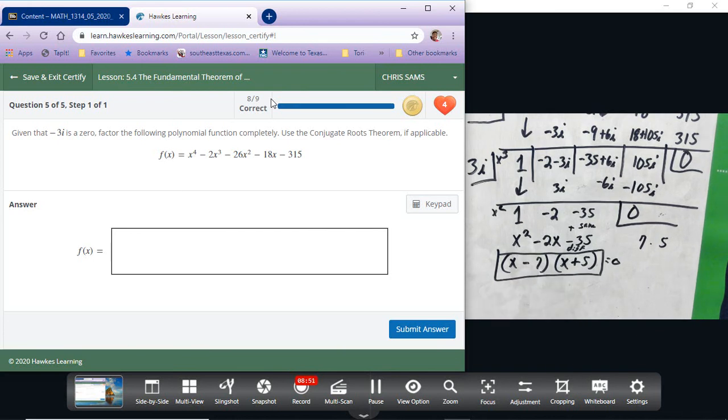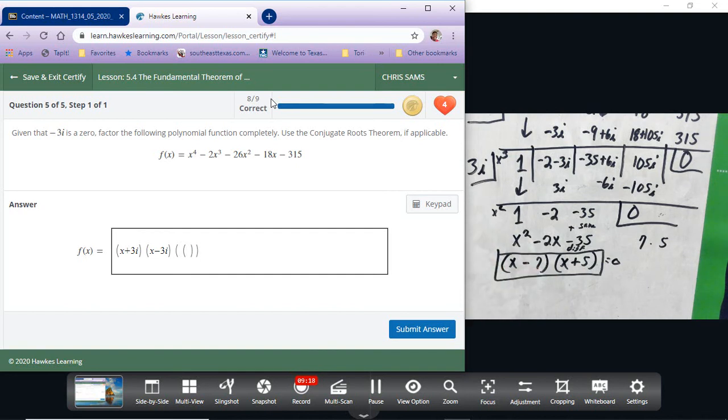Okay, so our answer in this box, written in linear factors, is going to be x plus 3i, and then butted right up against that in parentheses is x minus 3i, and then we got the 2 factors that we just found when we factored the last part.